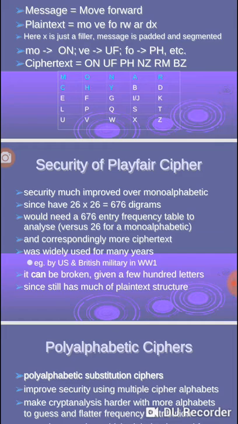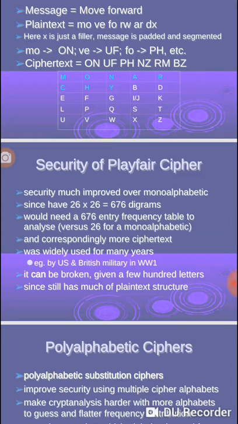What is the security of the Playfair cipher? The security is much improved over monoalphabetic, since we have 26 times 26 equals 676 digrams. It would need a 676-entry frequency table to analyze, and correspondingly more ciphertext.